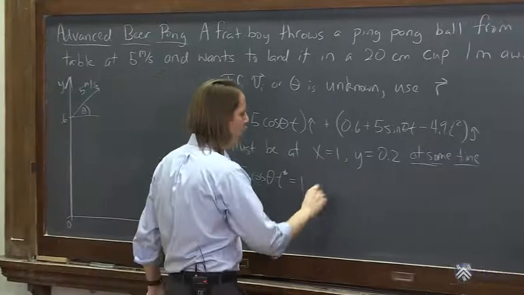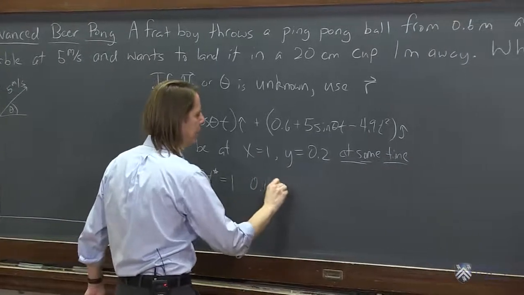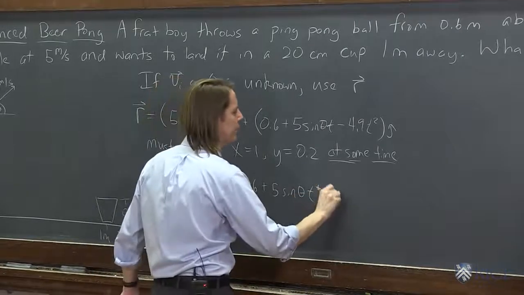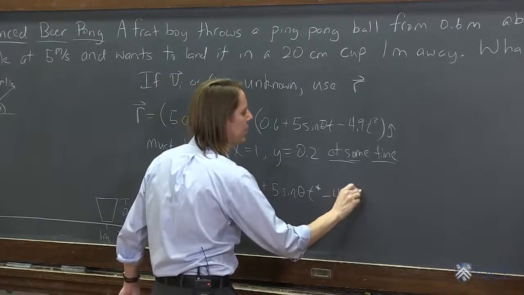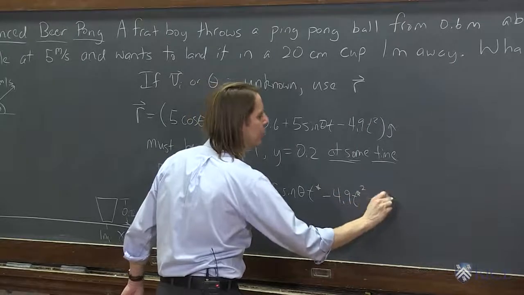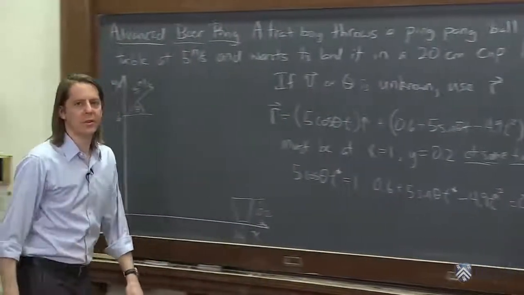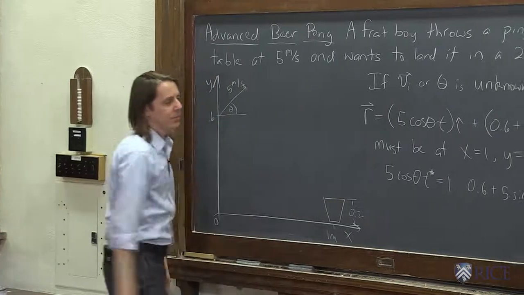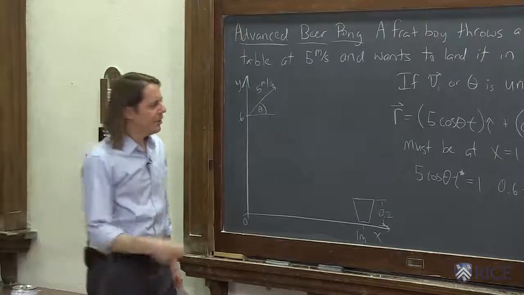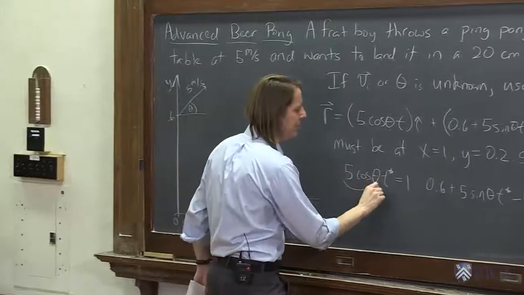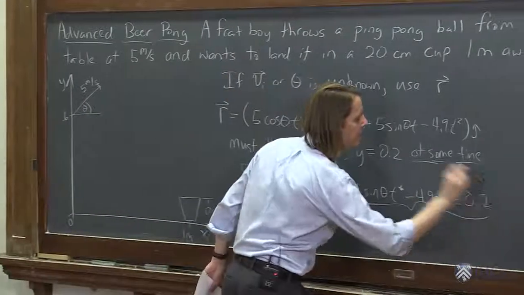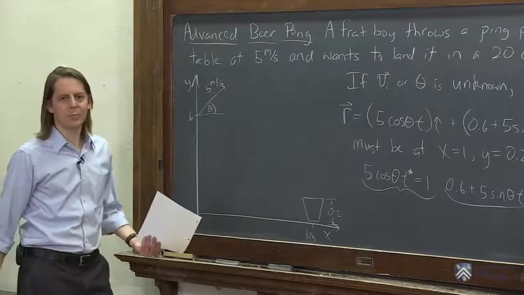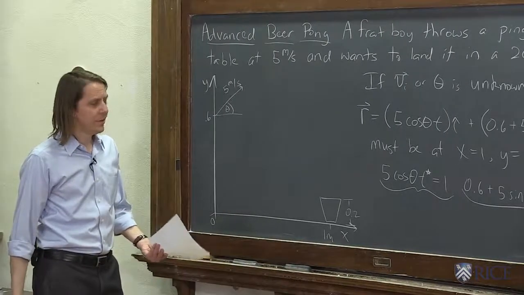And at the same time, y, 0.6 plus 5 sine theta t star minus 4.9 t star squared has to be equal to 0.2, the height of the cup. So what we have here is 2 equations and 2 unknowns. We don't know theta, and we don't know t star. Of course, what we want to solve for is theta.